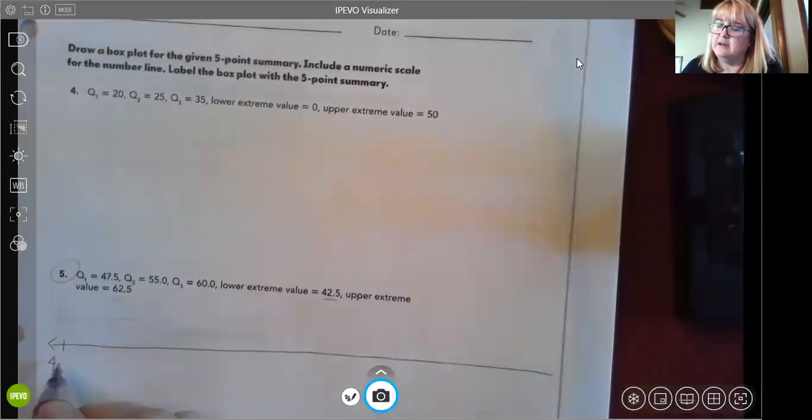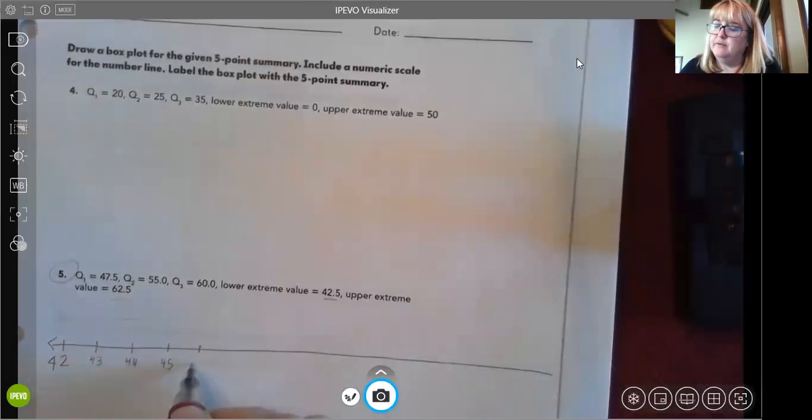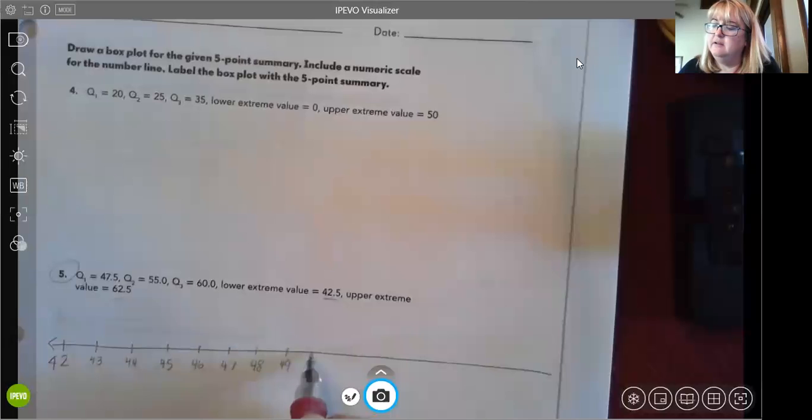Let's count by ones. 42, 43, 44, 45, 46, I'm gonna run out of space, I think. 48, 49, 50.